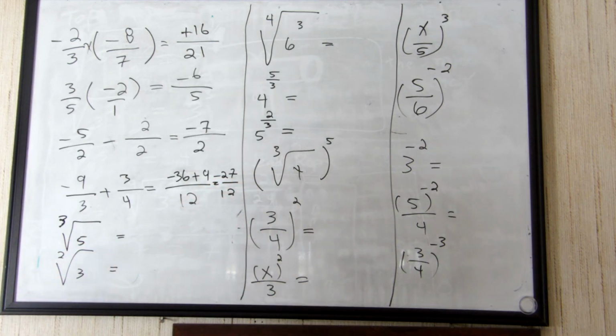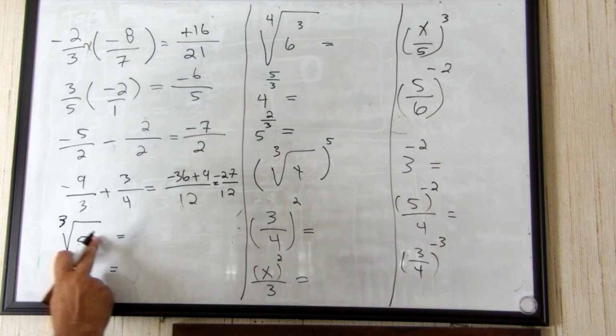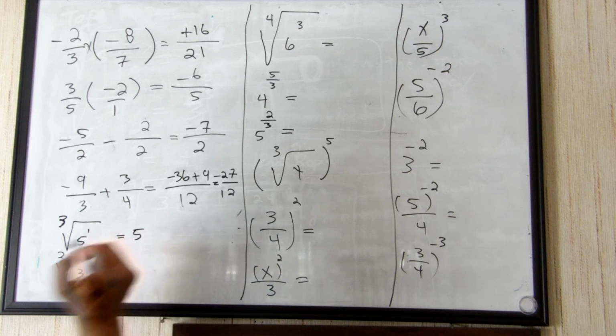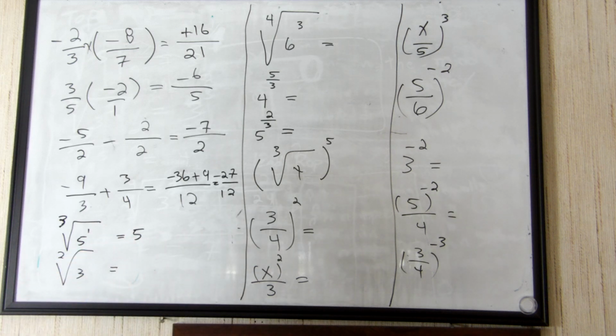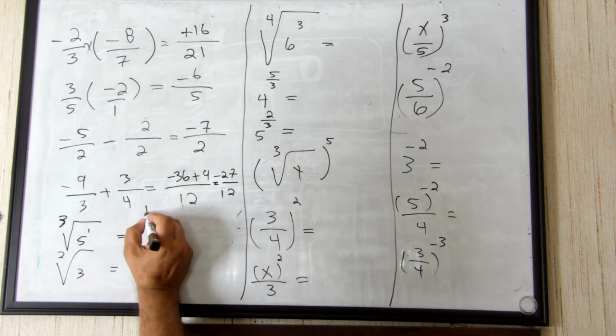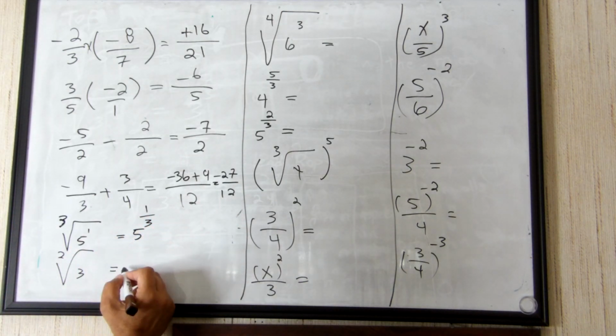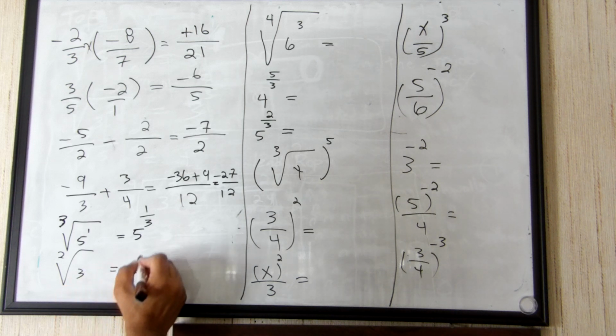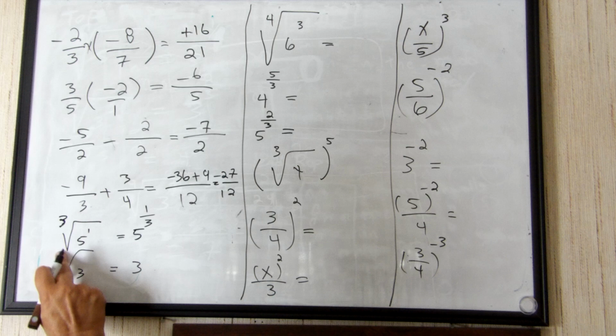Okay, if you have a radical and you want to write it in exponential form, we write 5. This is actually 1. The degree, the exponent, is 1. And this is the index. So we can write it as 1 over 3. Or this one, we can write 3. This is 2.